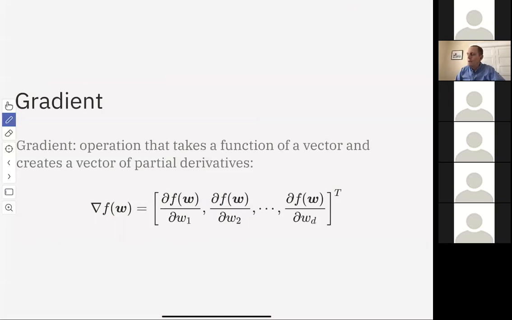Okay, and this uses the idea of the gradient. A gradient is really an operation that applies to a function and returns a vector of functions. So let's look first at a review of partial derivatives.